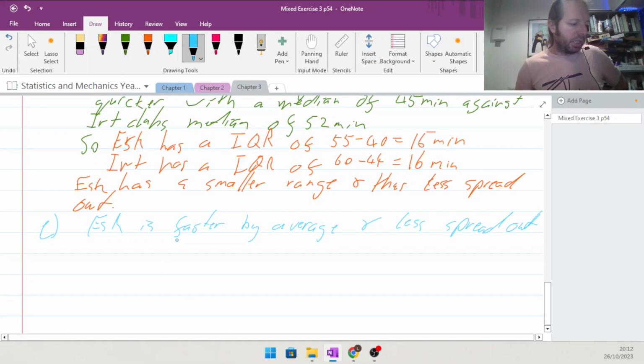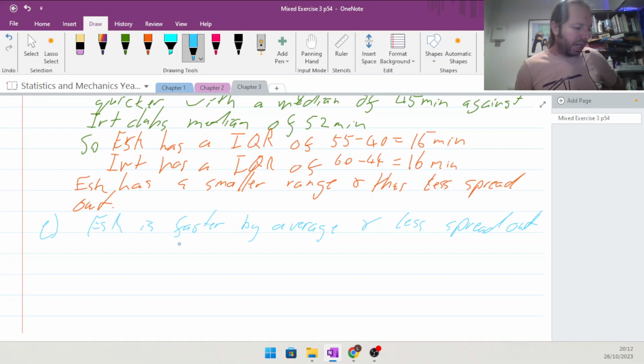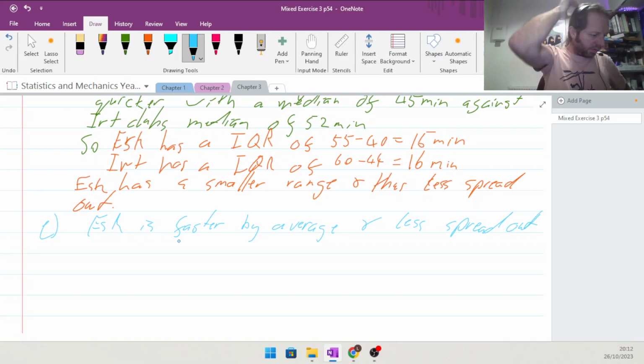You could almost say that by the time 75% of Esk has crossed the line, you're somewhere between only 50 and 75% of Eert passing the line.